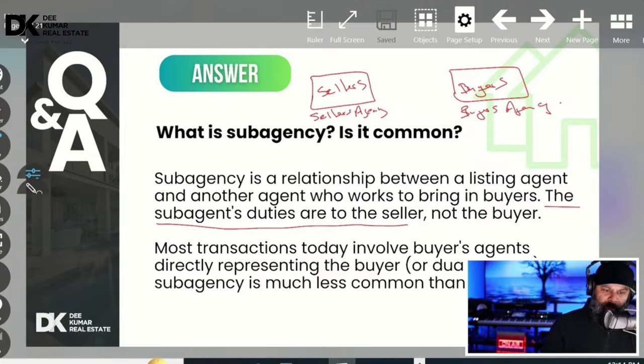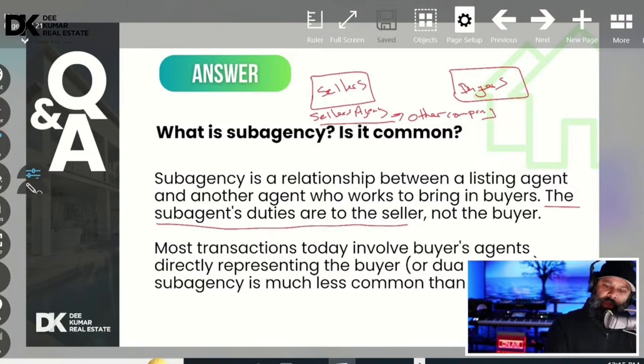What sub-agency was, and it was replaced by buyer's agency, is a scenario where the seller was being represented by a seller's company. The seller's company would reach out to another company and say, would you be able to assist us in finding buyers for our seller? The other company, instead of being a buyer's representative, was retained by the seller's company to help find a buyer.